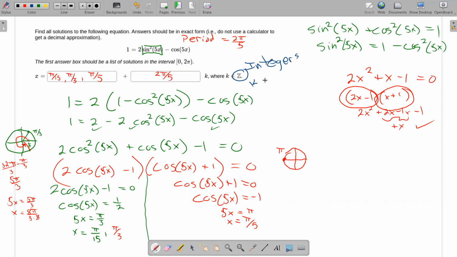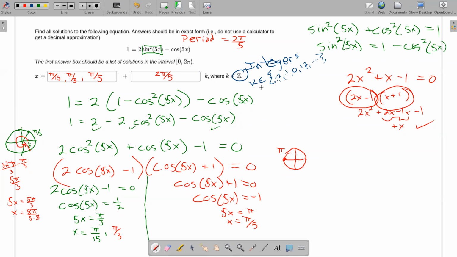So k is an element in the set 0, 1, 2, forever that way, and -1, -2, forever that way. So from any of these three solutions, I can add 2 pi over 5 over and over again, or subtract 2 pi over 5 over and over again, is basically what that says.